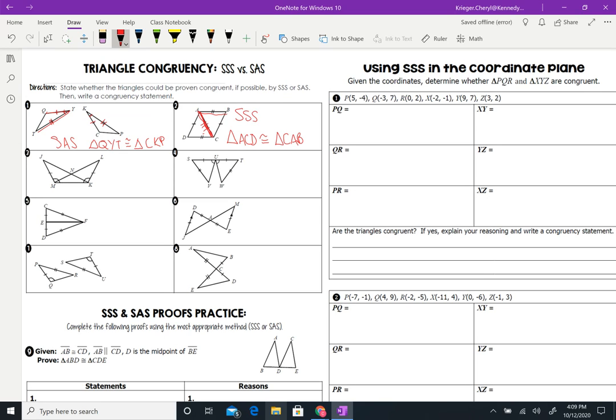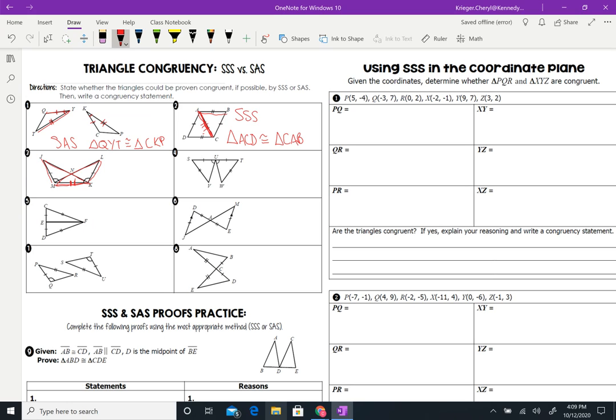Oh, this one's tricky. So we have JMK. That's our first triangle. And LKM is our second triangle. They are overlapping. We have MK in common.